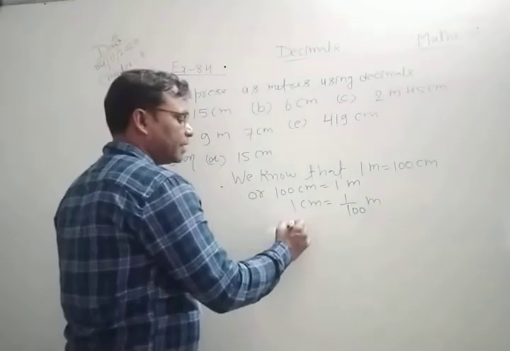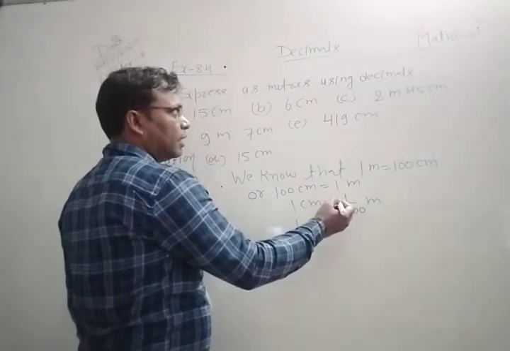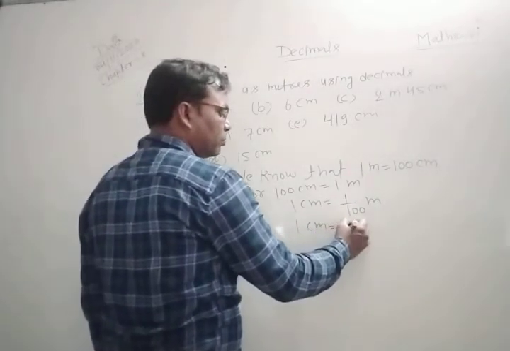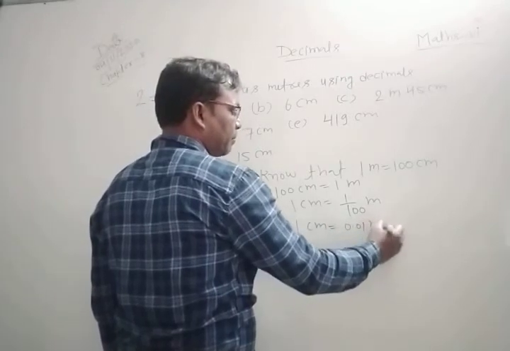Also we can write it in decimal form, 1 centimeter is equal to 0.01 meter.